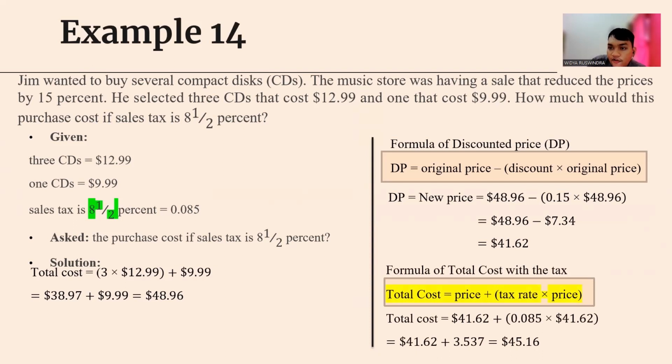The next step is the formula of total cost with the tax. The formula is total cost equals price plus parenthesis tax rate multiplied by price. The total cost equals $41.62 plus parenthesis tax rate 0.085 multiplied by price $41.62, equals $41.62 plus $3.53 equals $45.16.